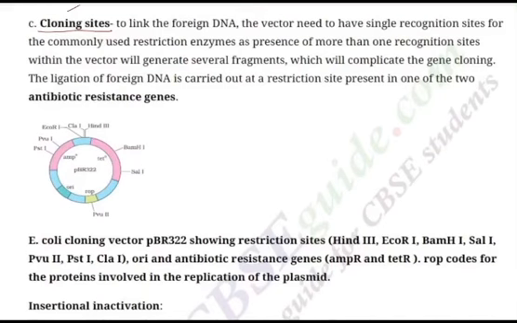Now we are going to talk in detail about the cloning vector. DNA used as a carrier for transferring a fragment of foreign DNA into a suitable host is called vehicle DNA, or cloning vector.